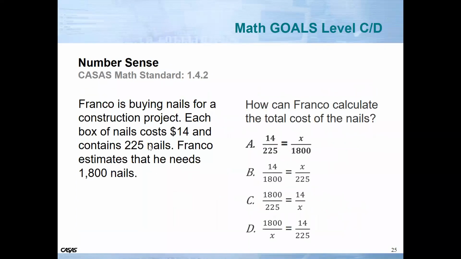And then at the CD level, with formulas, the word problem relates to a construction project, how many nails, and it's not asking for the answer, it's asking how can the cost be calculated? So which formula is appropriate? That's aligned with the CCR asking about how rather than just what's the answer.